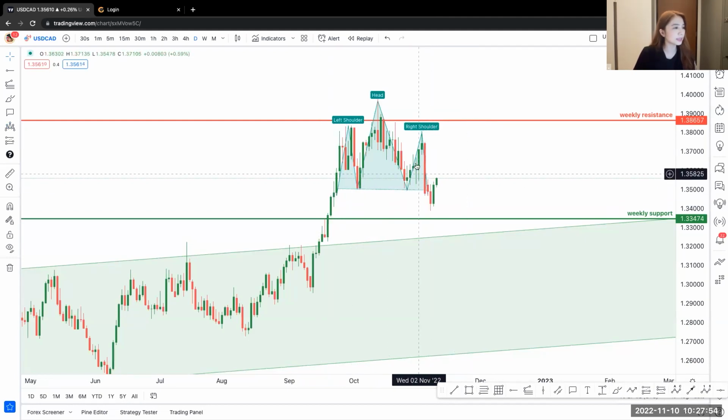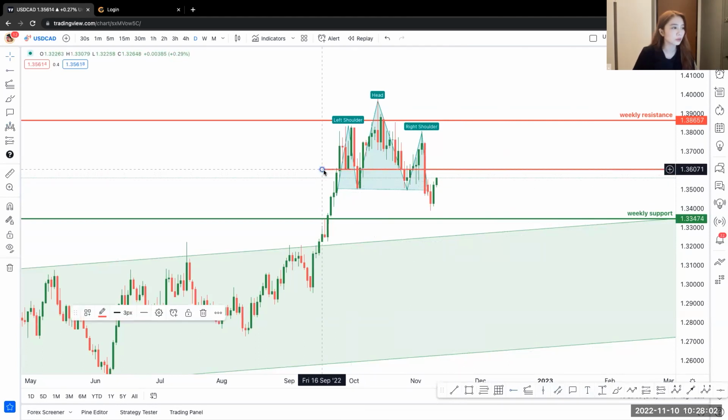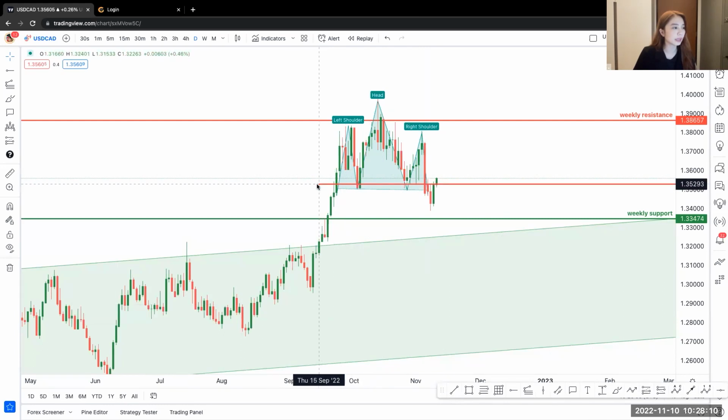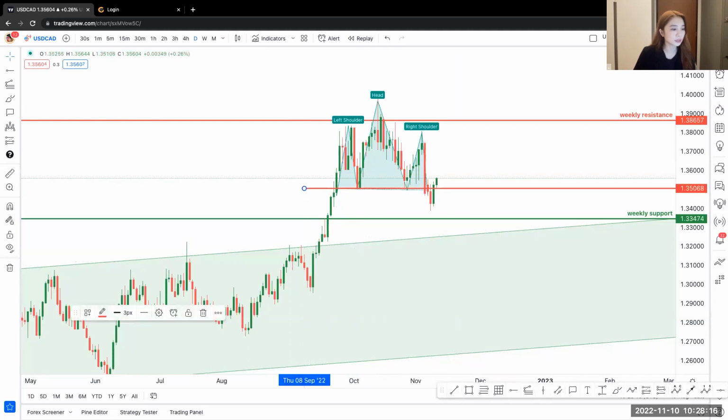There's a chance that we are seeing a drop and a slight pullback right now to test the neckline level over here. Right, we are trying to see whether they are testing a possible neckline level. Sorry, yeah, this is the neckline.